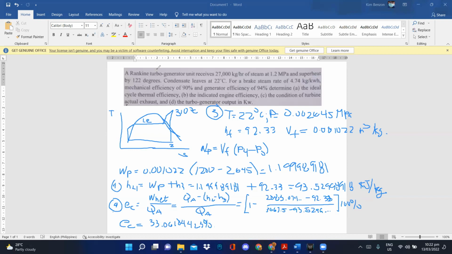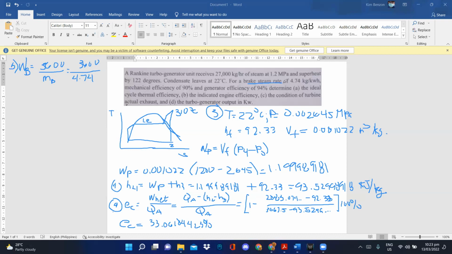Okay? So for your letter B, we have the indicated engine efficiency. For the indicated engine efficiency, you have your brake work equals 36 all over your brake mass, which is equivalent to 36 all over 4.74.